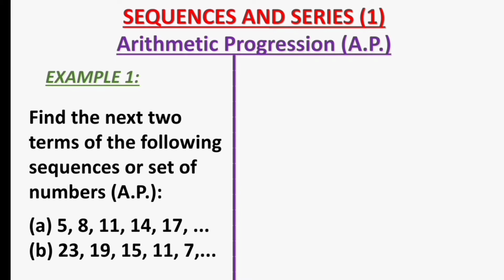While the sequence in question B is 23, 19, 15, 11, 7, and so on. Let's see the solution to example 1a. But before we do that, can you tell the rule or the pattern in the sequence in example 1a? Let's see if you are right.